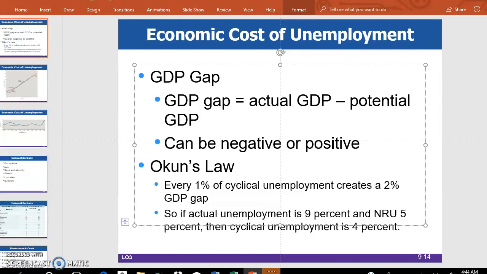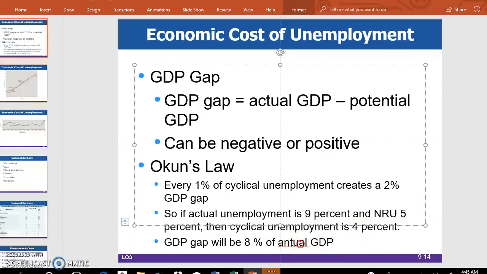So if cyclical unemployment is 5%, then Okun's law is telling us what? GDP gap will be what? GDP gap will be negative 8% of GDP. 8% of actual GDP.